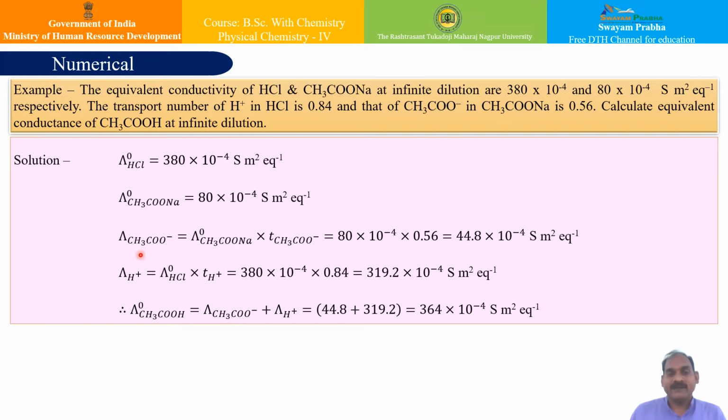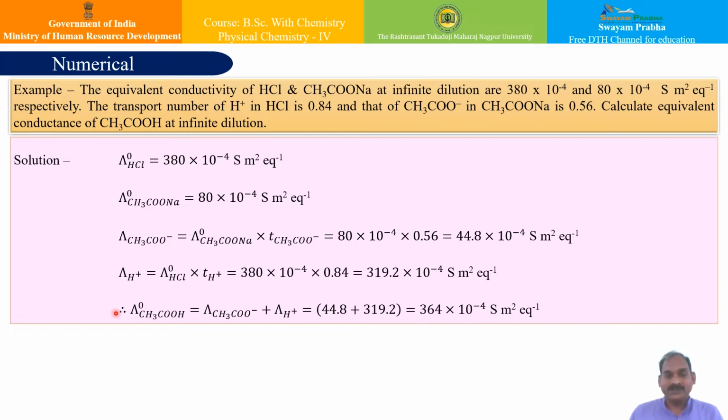So equivalent conductance of acetate ion is equal to equivalent conductance at infinite dilution of sodium acetate into transport number of acetate ion. If I substitute the values, I get 44.8 into 10 to the power minus 4 Siemens meter square per equivalent. Similarly, for hydrogen ion, I can calculate this quantity as 319.2 into 10 to the power minus 4 Siemens meter square per equivalent.